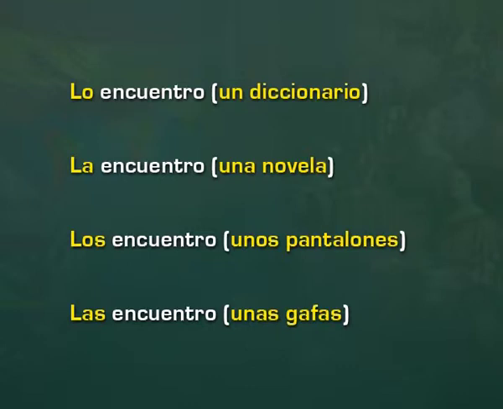Los encuentro. Suppose you're talking of pants, plural. So you say, los encuentro cortos. I find them short. Or las encuentro. For example, you're talking of spectacles, gafas, spectacles or glasses. You say, las encuentro grandes. I find them big. So you have lo, la, los and las, which are the direct object pronouns which are used before the verb.